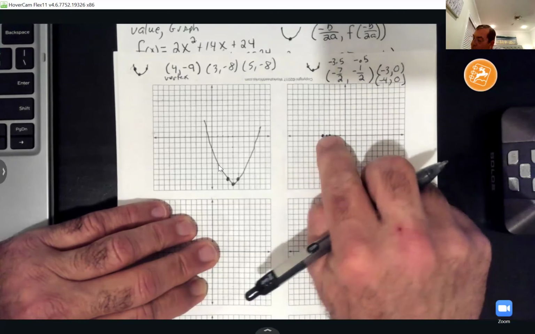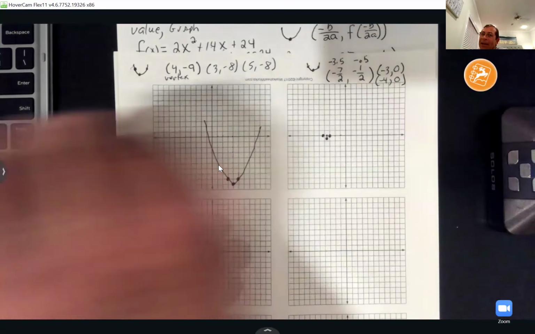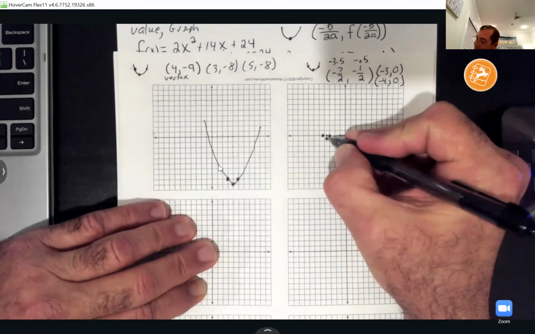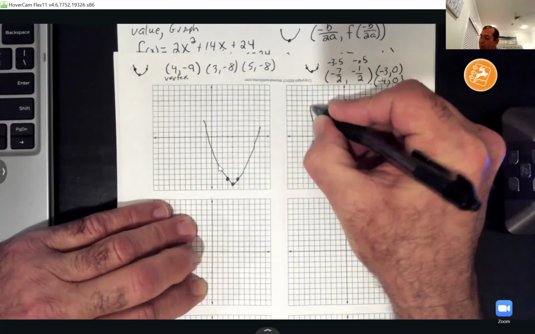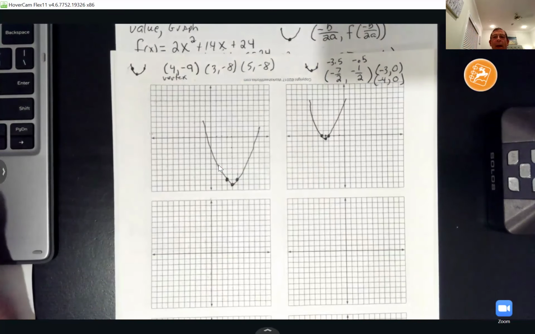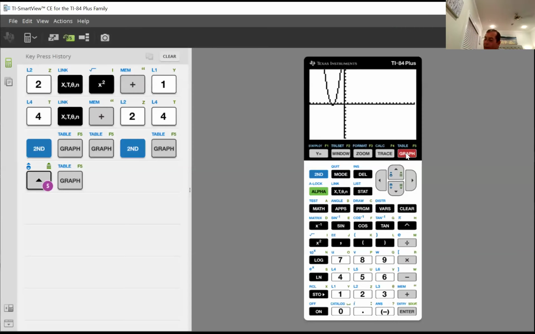So y'all don't put the point on your graph when you're drawing them. I just wanted y'all to see where that was on that x-axis. So this graph is going to come uphill. So if we go back and look at the calculator, when I hit graph, oh, there it is right on that left side.